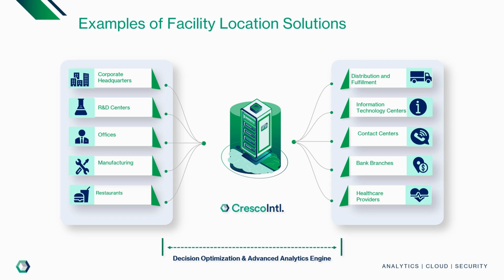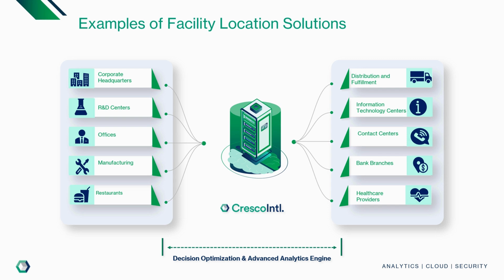For manufacturing operations and distribution centers, priorities are skilled workforce availability, supplier proximity, logistics and transportation costs, tax environments, utility costs and reliability, and economic incentives.